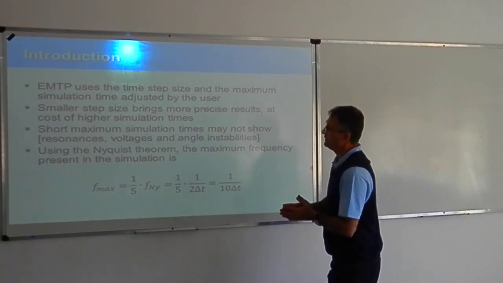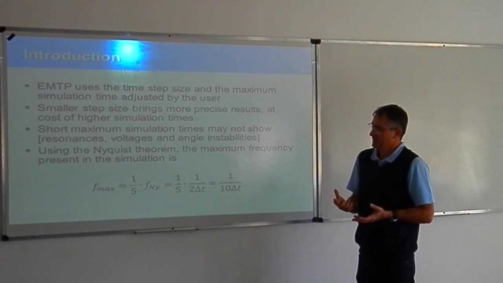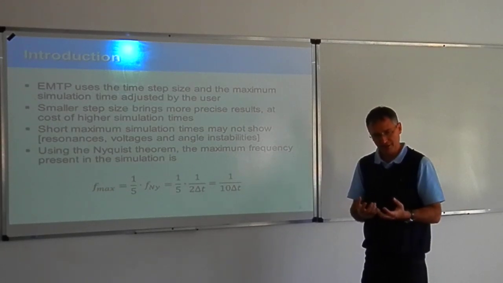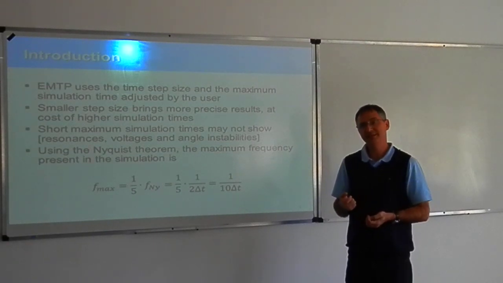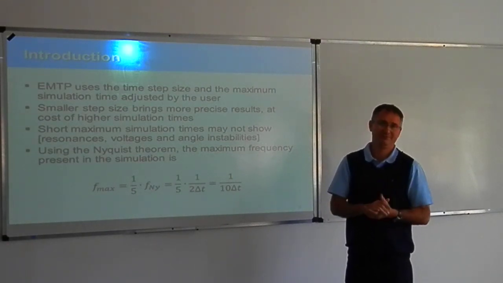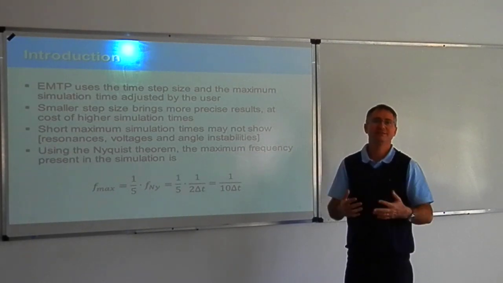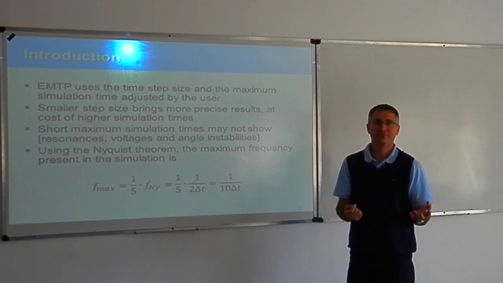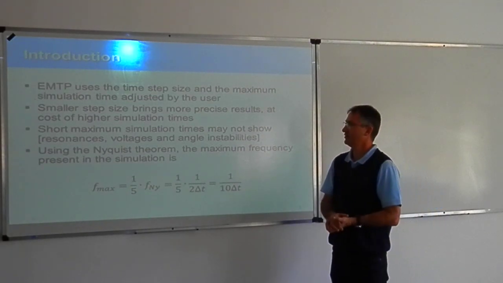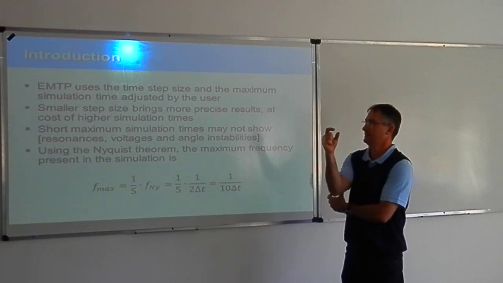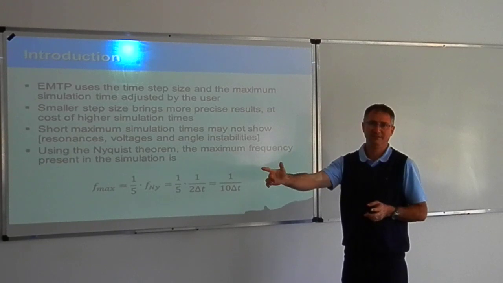So EMTP uses the time step size as a measure of the accuracy of the simulation. The delta T is chosen by the user, and usually the user doesn't know what the ideal delta T is for simulating a specific phenomenon. If you use a smaller delta T, you have more accuracy in the simulation.